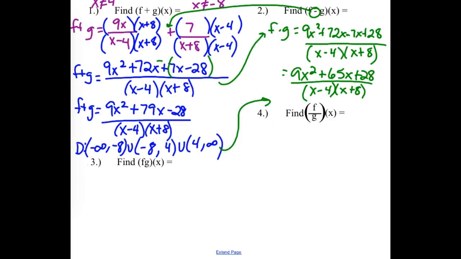We're going to multiply next. We're going to take f times g. So 9x over x minus 4, and we're multiplying it to 7 over x plus 8. Again, I'm okay with you leaving the denominator in factored form.